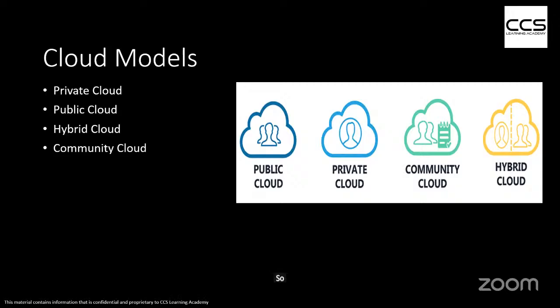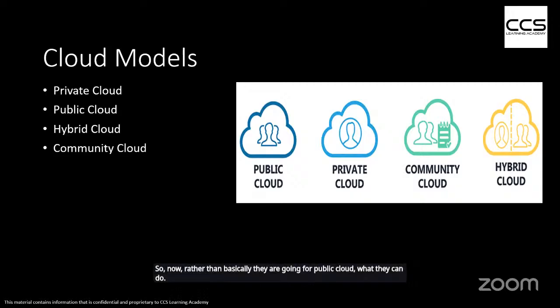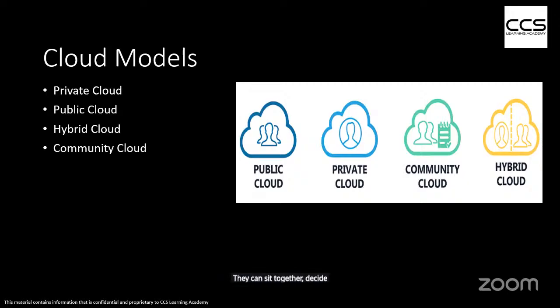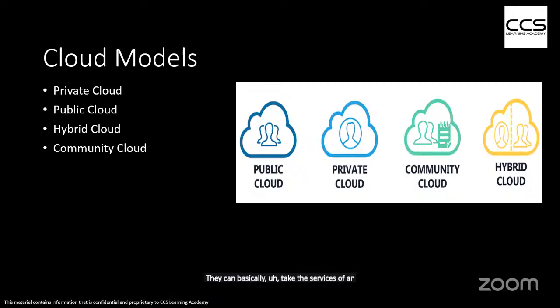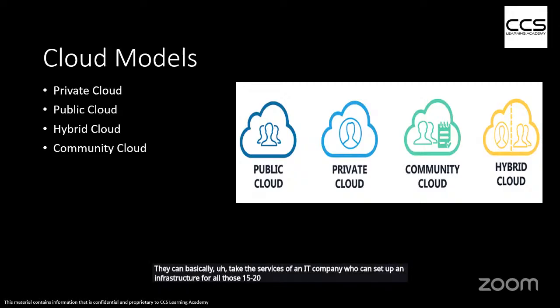So now, rather than going for public cloud, they can sit together and decide on their requirements of resources, infrastructure and servers. And rather than every single company in that campus investing in its own personal infrastructure, they can take the services of an IT company who can set up an infrastructure for all those 15, 20 companies inside that campus, right?